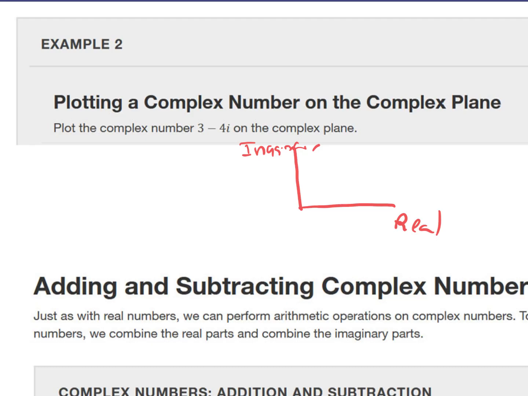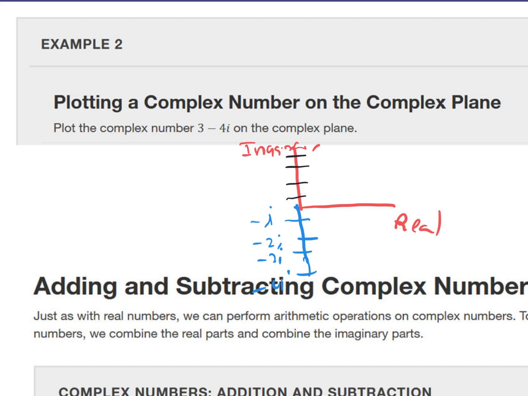So you would have to envision that the y's, see here's 1i, 2i, 3i, 4i, but I'm not going that way. I'm going down here. Negative i, negative 2i, negative 3i, negative 4i.